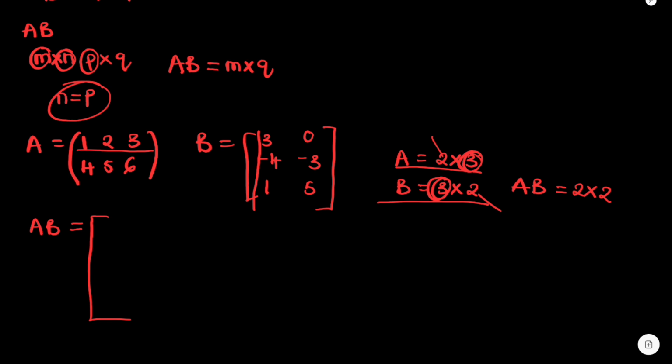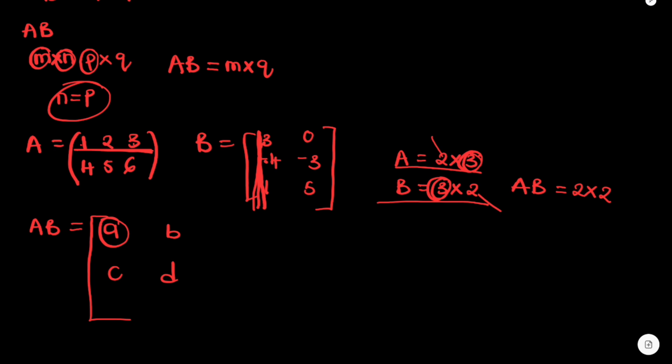If you add these products, it is going to give us the element in the first row, first column of AB. Since this will give us a 2 by 2 matrix, the entries will be just A, B, C, and D. So we first multiply the first row of A by the first column of B. That will give us A, because we are multiplying and adding, so we take this times this plus this times this plus this times this.